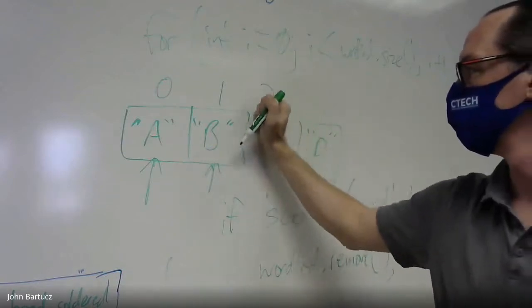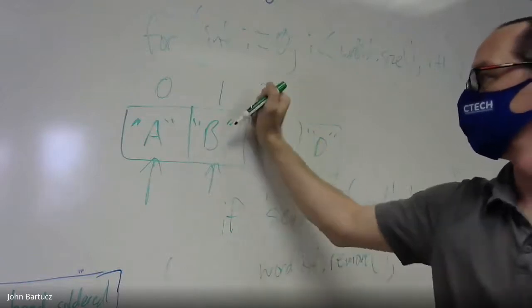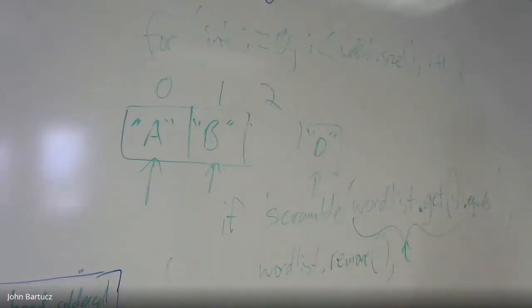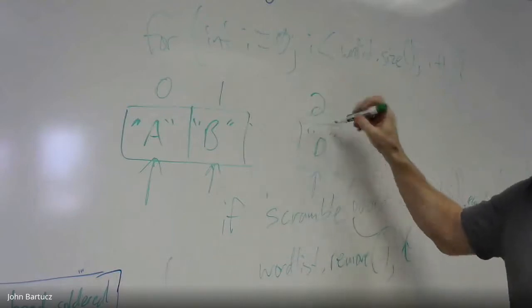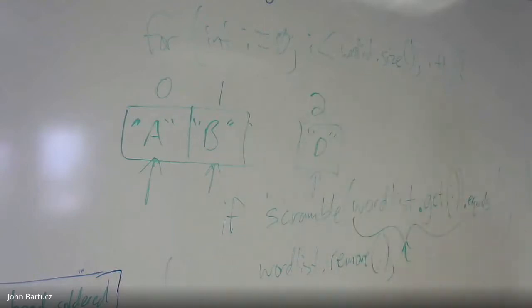What happens now to my list? My for loop is going to go on to number 3, but I don't have a number 3 anymore.